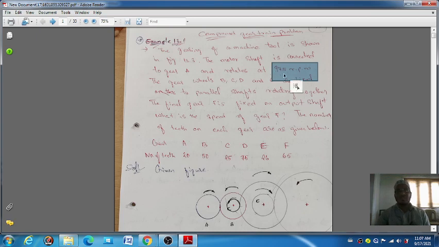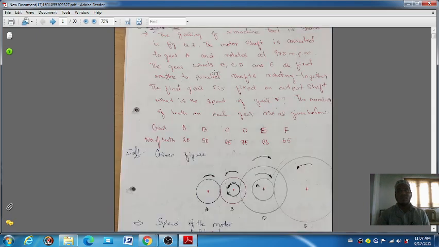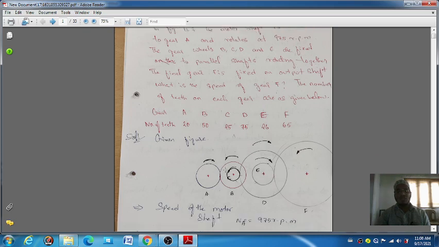N1 is 975 rpm. Next, the gear wheels B, C, D and E are fixed to the parallel shafts rotating together. It means the other shafts are placed in a parallel position to the shaft A, and they are connected to the wheels B, C, D, E and F. In that shaft two gears are connected.